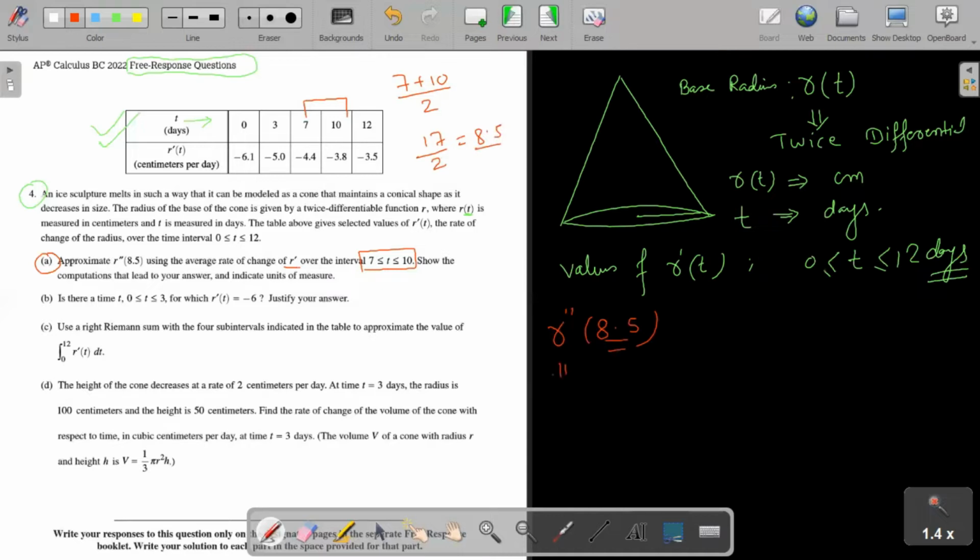And what is r double dash? It is the rate of change of r dash t, or we can say the slope of r dash t. So how can we find this average?